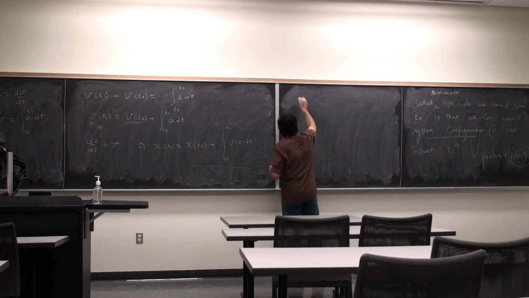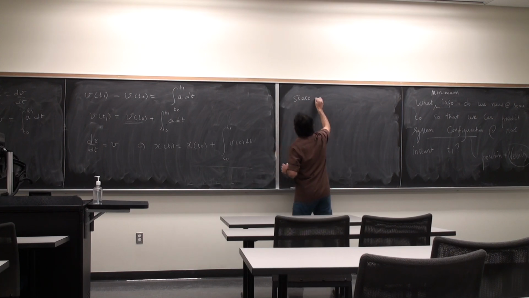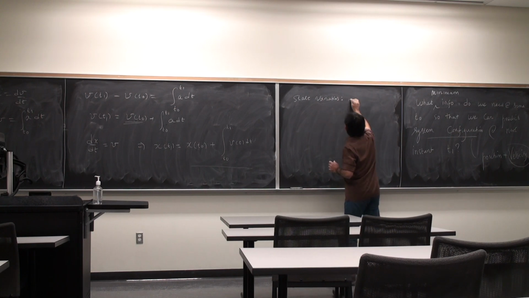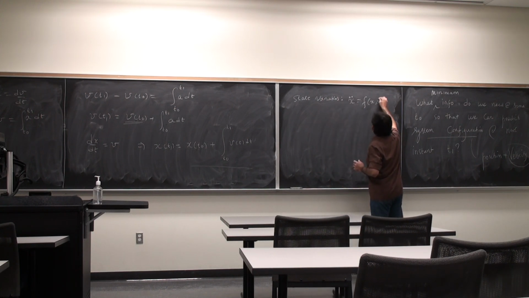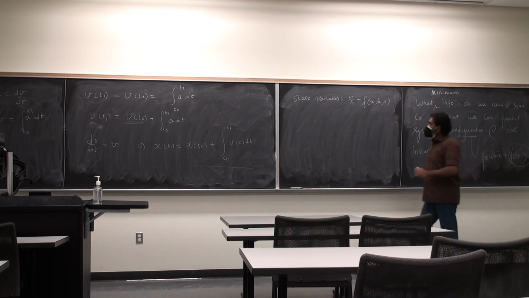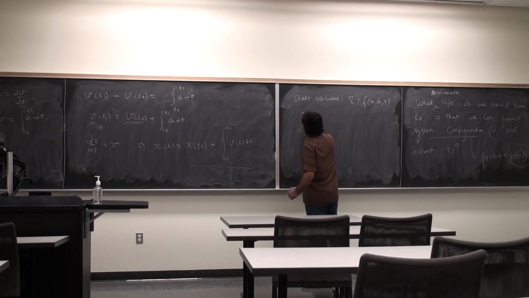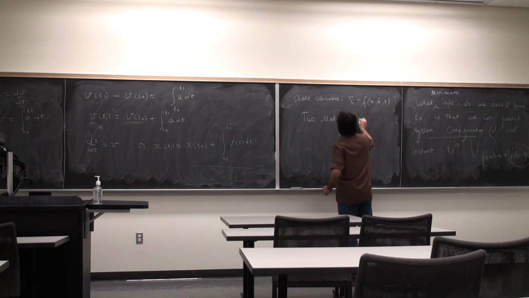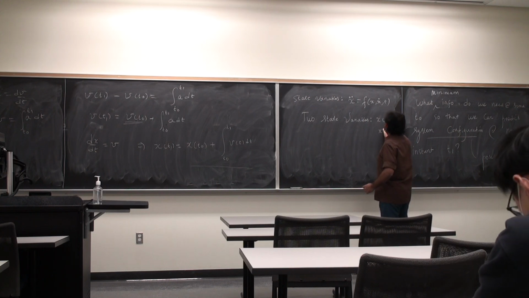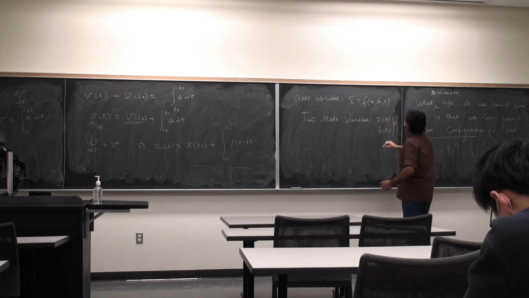So the state variables for a system x double dot, which is a function of all of these. This is just an ordinary differential equation, second order ordinary differential equation, 2 state variables: position, velocity.